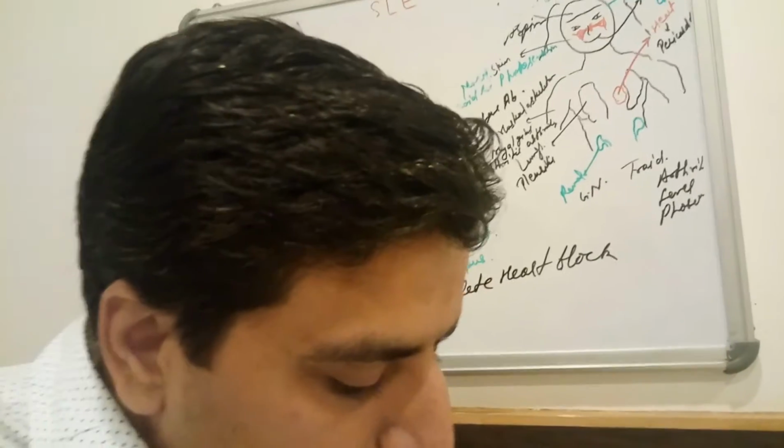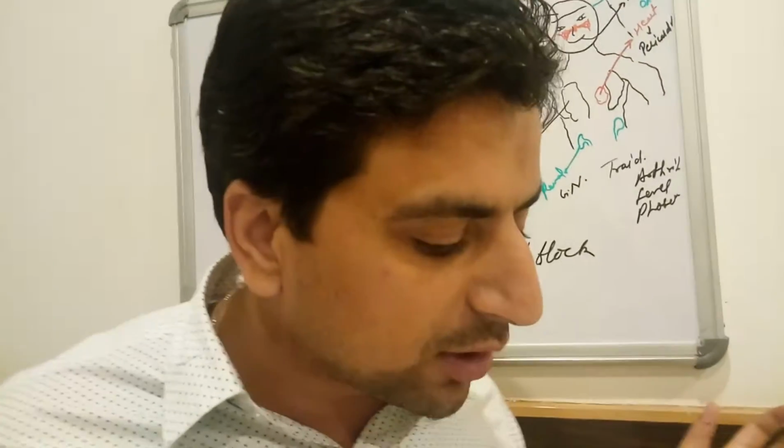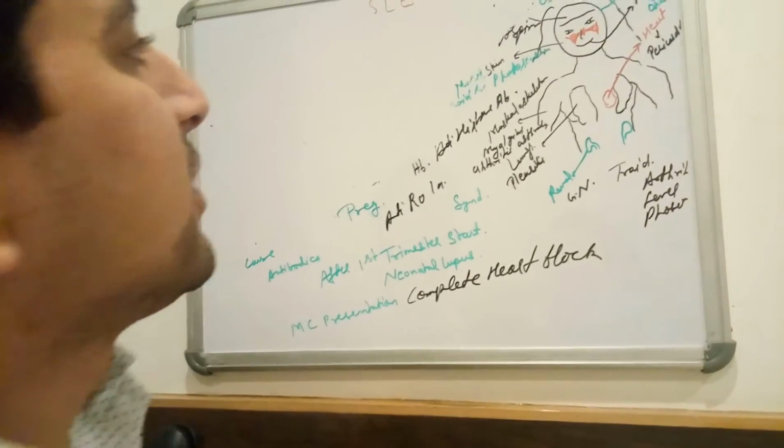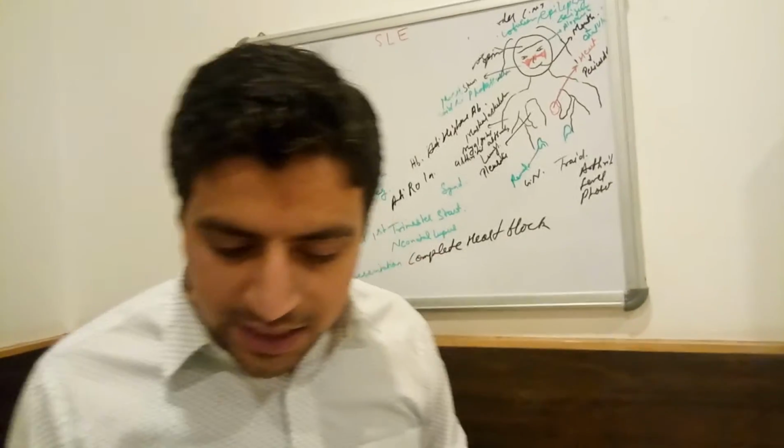Likely the renal pathology will be, so we are going to find out what kind of renal pathology. So diffuse proliferative glomerulonephritis. I already explained in renal, because this is a case of SLE.